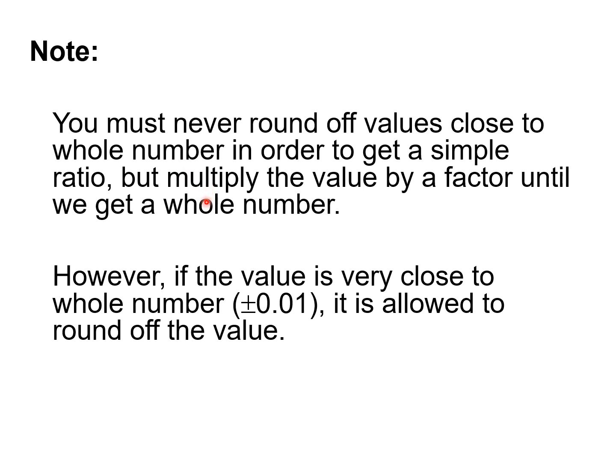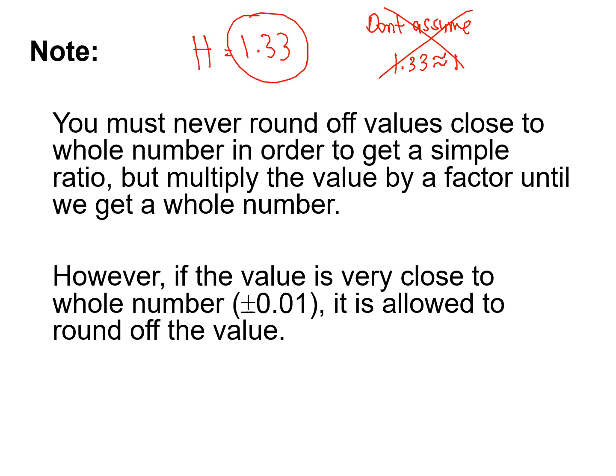Don't. Instead, you must multiply the simplest ratio value by a factor until you get a whole number. For example, earlier we knew the simplest ratio for hydrogen is 1.33. Never assume that 1.33 is closest to 1. Don't ever. What you need to do is multiply 1.33 by a factor until you get a whole number. For example, multiply by 2, do you get a whole number?